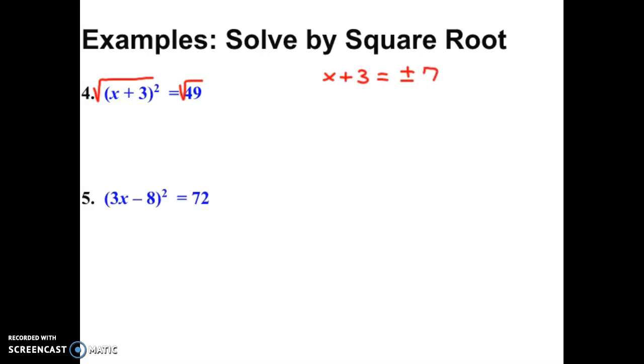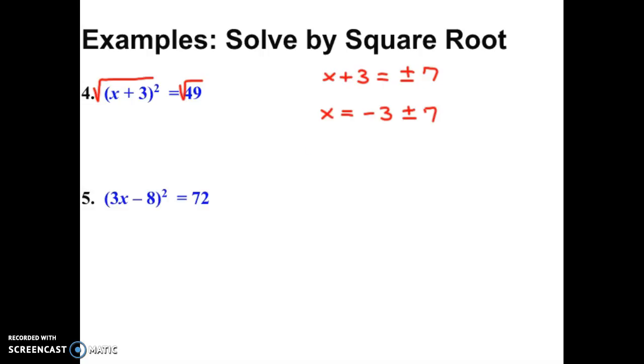In order to solve for x, I need to move 3 to the other side. Since it's positive 3, I can subtract it on the other side. I can put negative 3 on the other side, so I'm just going to put it in front. So I already have the plus or minus 7, and I have the negative 3 in front of that.